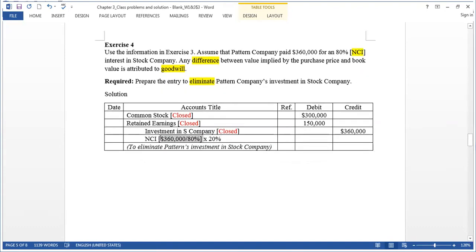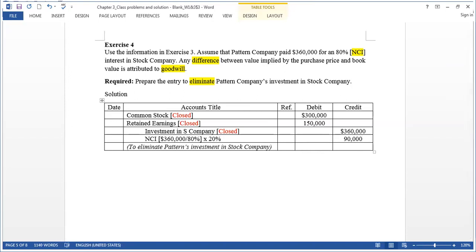Our investment is $360,000. We acquire 80%, right? And 20% is the subsidiary's non-controlling interest. So we have to calculate the implied value first. This is the implied value. And 20% of the implied value goes to the non-controlling interest, 80% goes to ours. So here, non-controlling interest is $90,000.